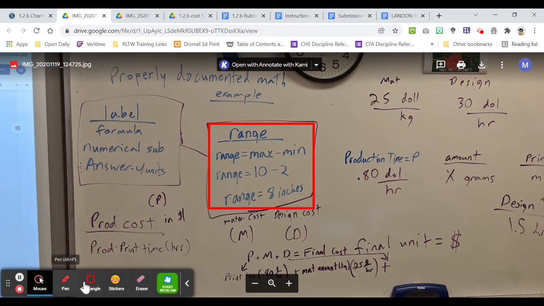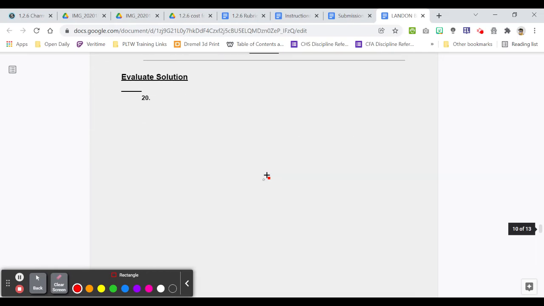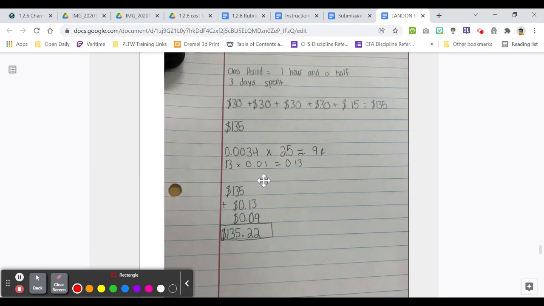So let's look at an example of a submission. Now, this one did not necessarily get full points because the formulas were not entirely documented correctly. However, I can see that all the math was done. So some points were removed.